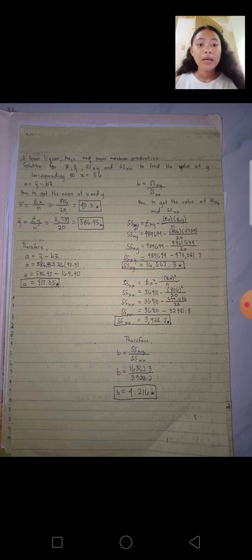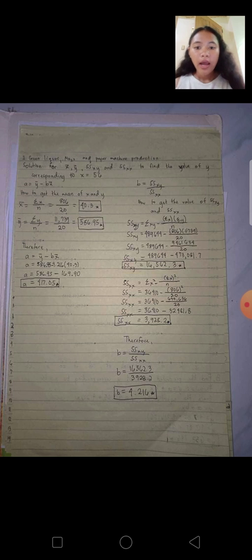So, substitution again, ang process para makuha nato ang value ni A. So, substitute na nato karon ang 586.95 minus, ang B nato diri is 4.216, times ang mean x, which is ang 40.3, and then nag-come up siya into 417.05.